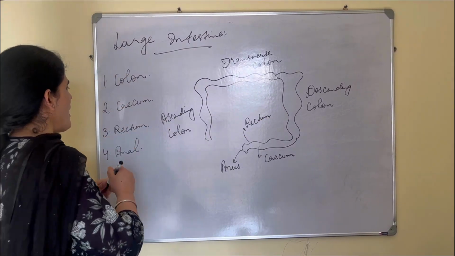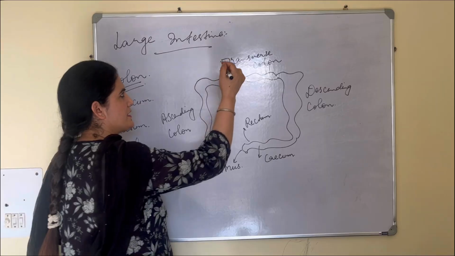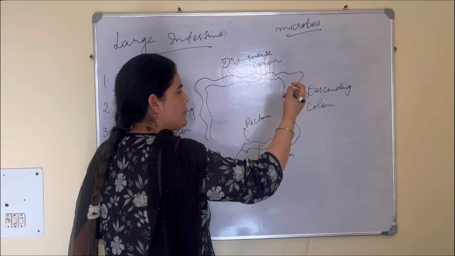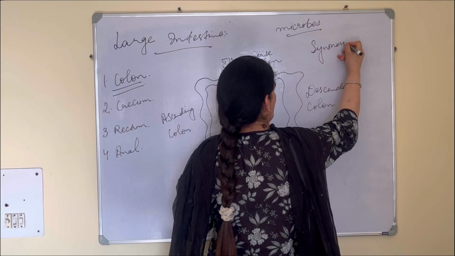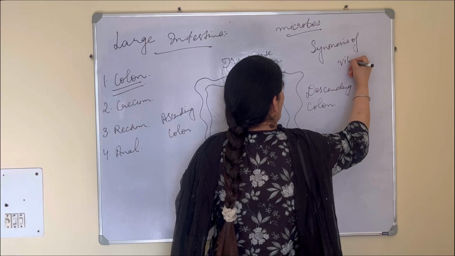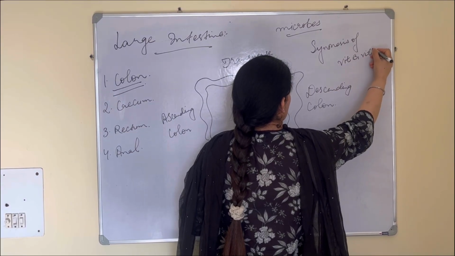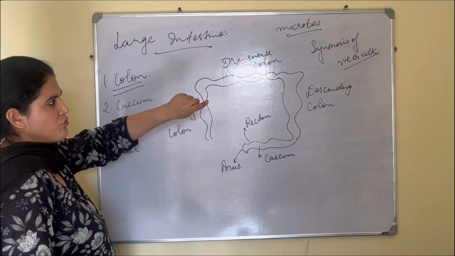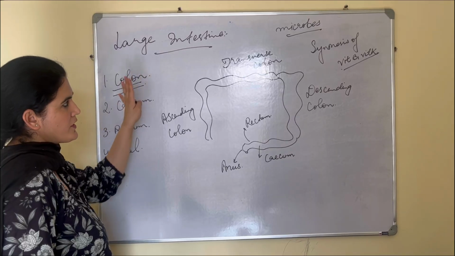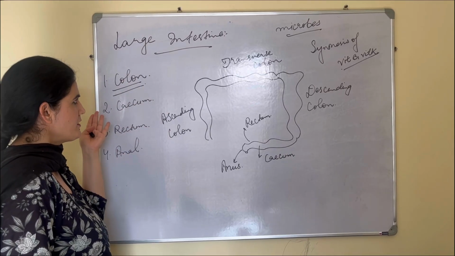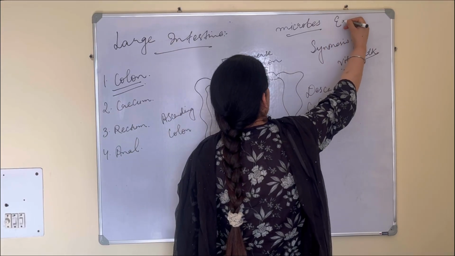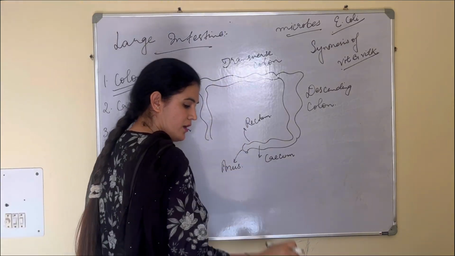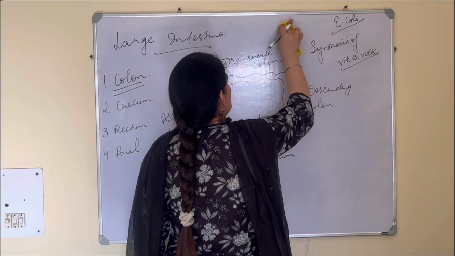In the colon, we have some useful bacteria, some microbes, which help in the synthesis of vitamin B and vitamin K. Vitamin B and vitamin K are synthesized with the help of these useful microbes present in the colon. And we have E. coli present, Escherichia coli. I will write the full spelling here.